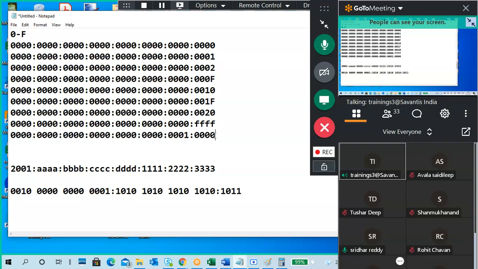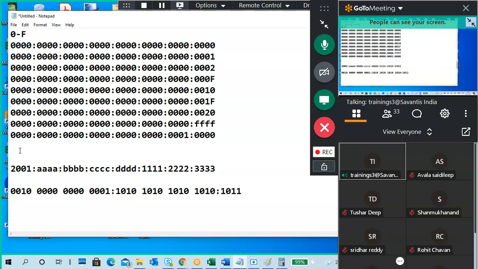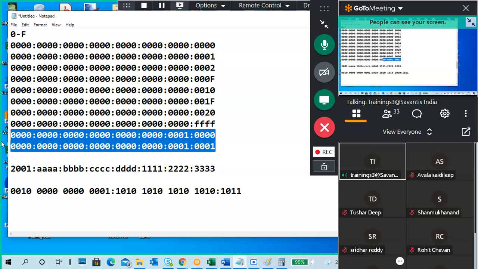Again it starts from 0. This becomes zeros, this is 1. Again it becomes 1 here. Again this one you can take it like this, hexas only.